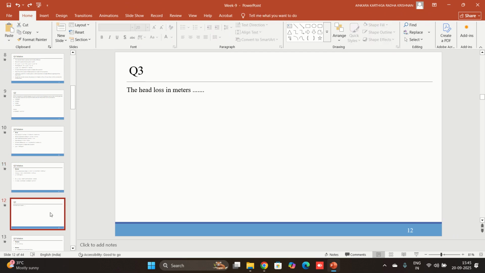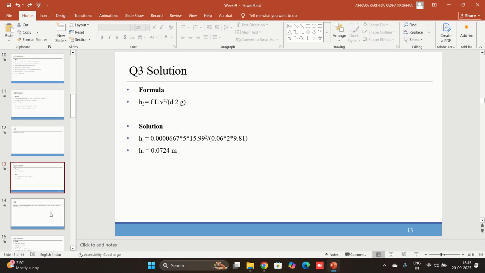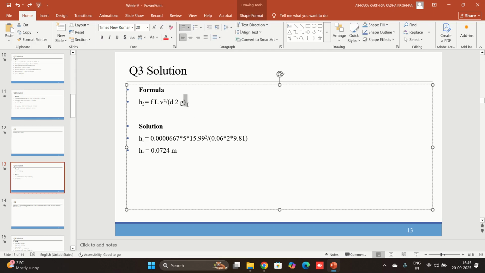Next question is head loss in meters. We have a formula wherein we can do direct substitution: hf is equal to f L V square by D into 2 into g. We know everything here, so we just substituted and got the answer.